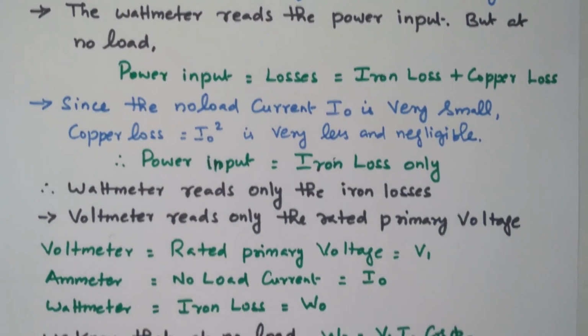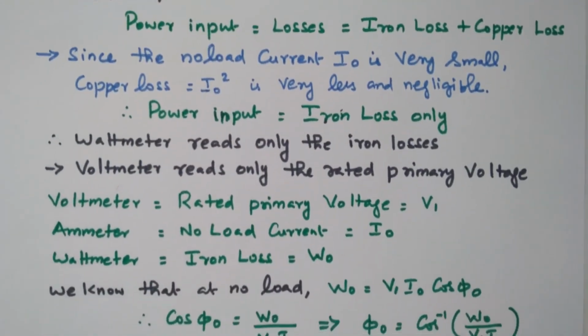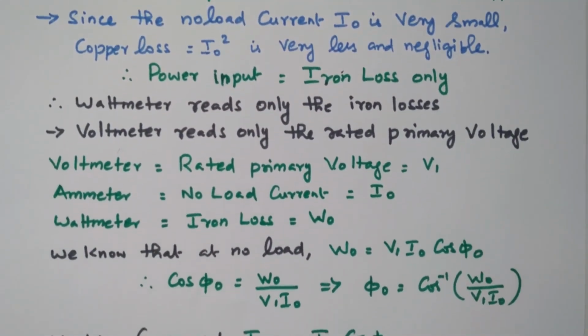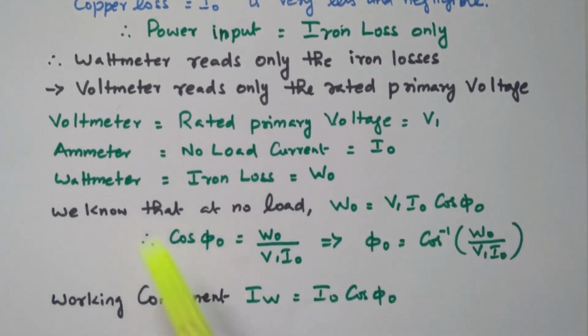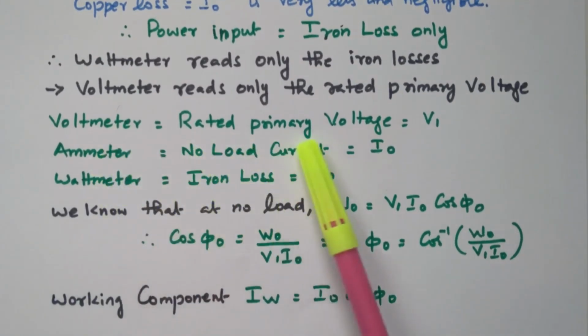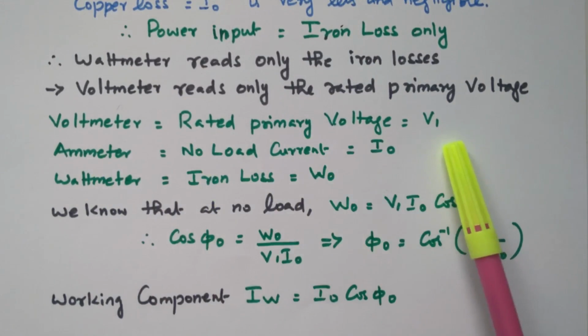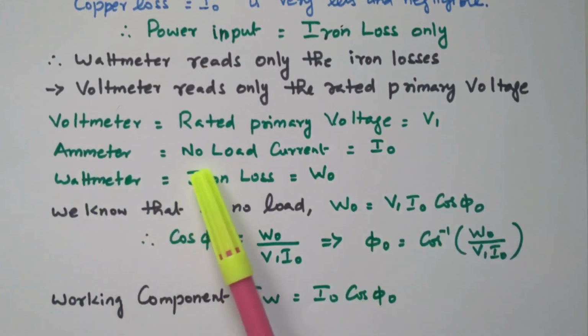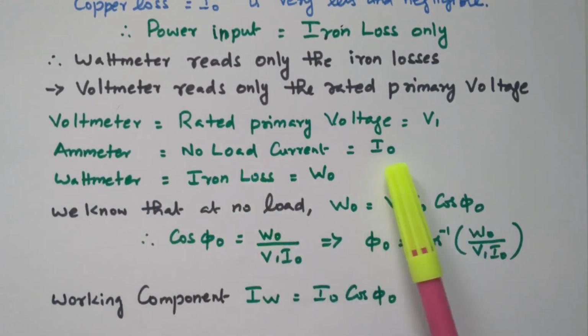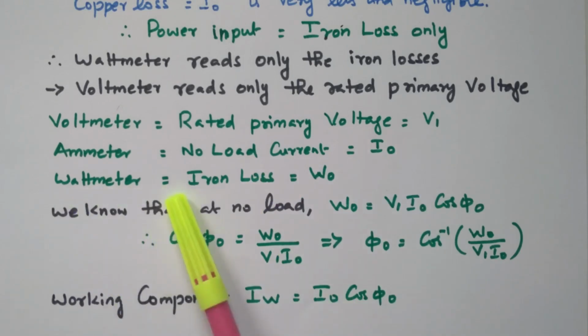The voltmeter reads the rated primary voltage. Now we will see how we can calculate R naught and X naught. The voltmeter reads the rated primary voltage V1, the ammeter reads the no load current I naught, and the wattmeter reads the iron loss W naught.